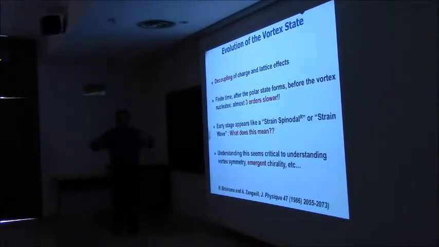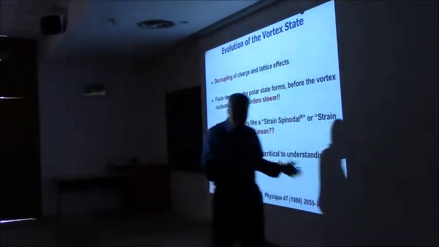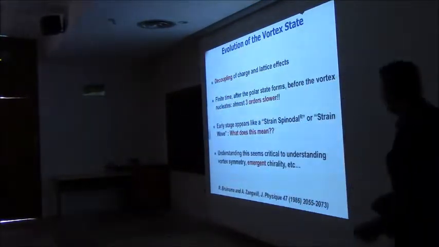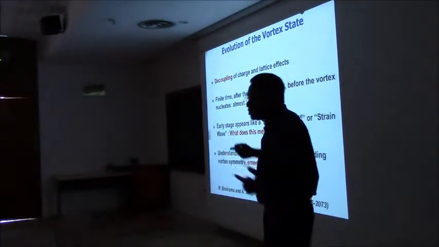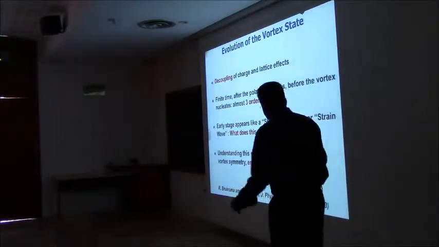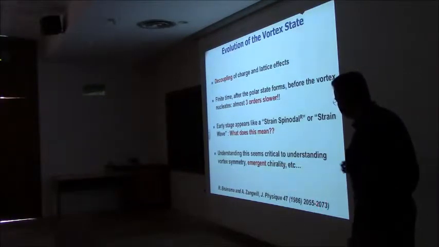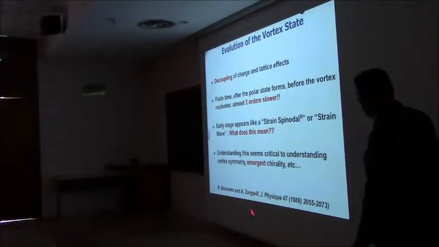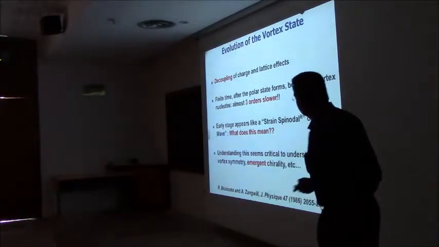So it's getting fluctuations in the lattice strain, and that then forms this strain wave, and then leads to the formation of the vortex. All right, so that's kind of the summary. If you're interested in strain spinodals, Robin Rudensma and Andy Zhang wrote a very nice article. This is already 30 years ago. You should check it out.